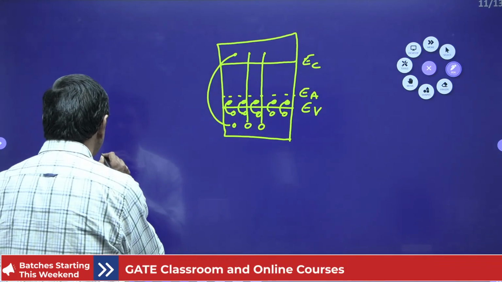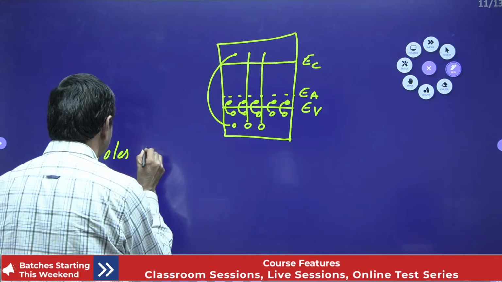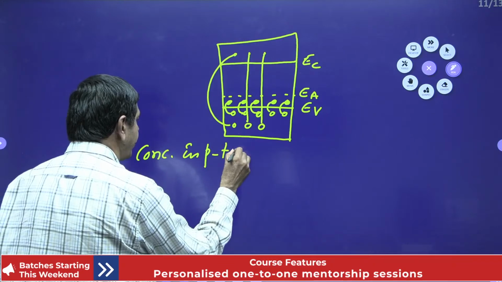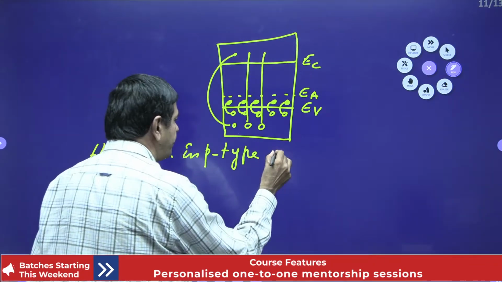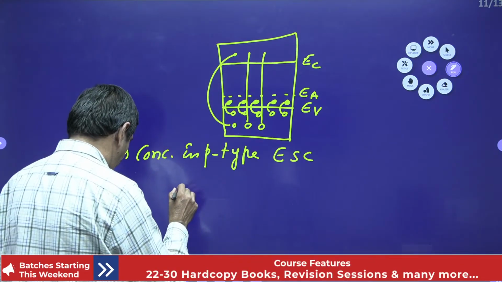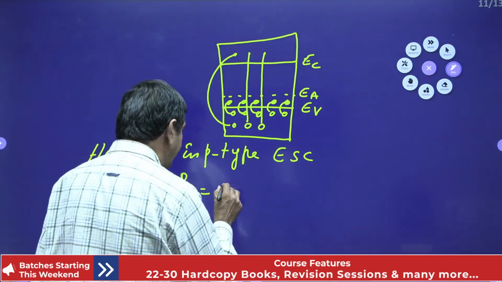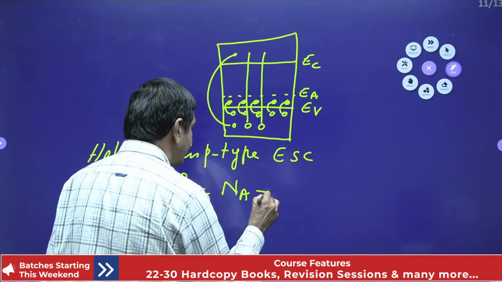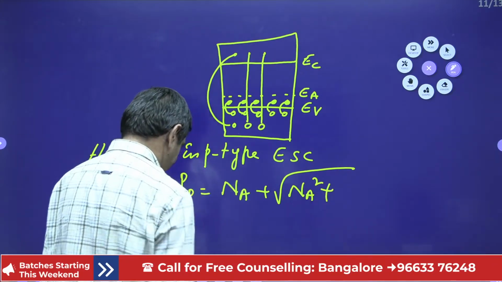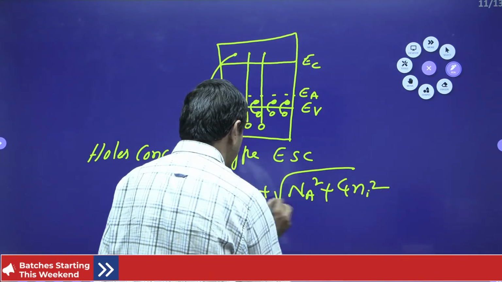The number of holes in the p-type extrinsic semiconductor is calculated by Na plus under root of Na square plus 4Ni square, by 2.